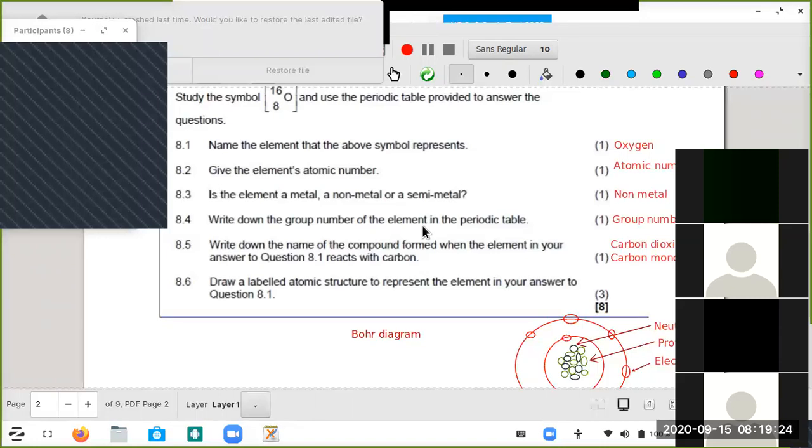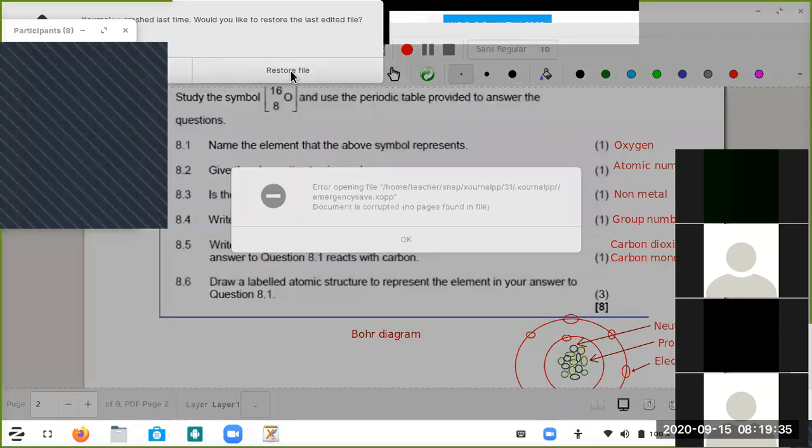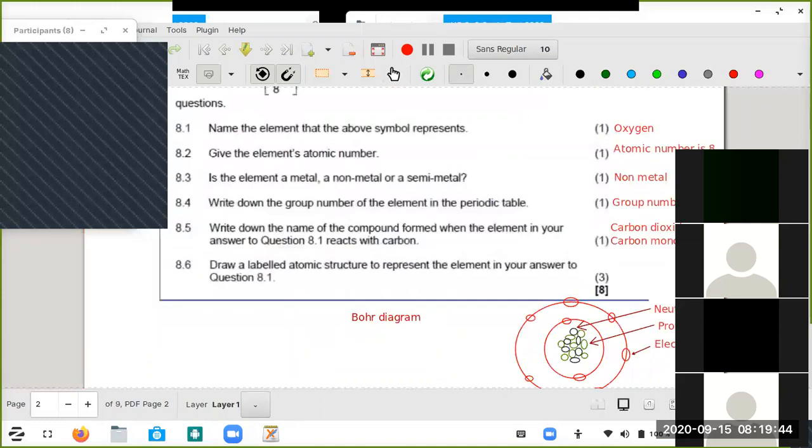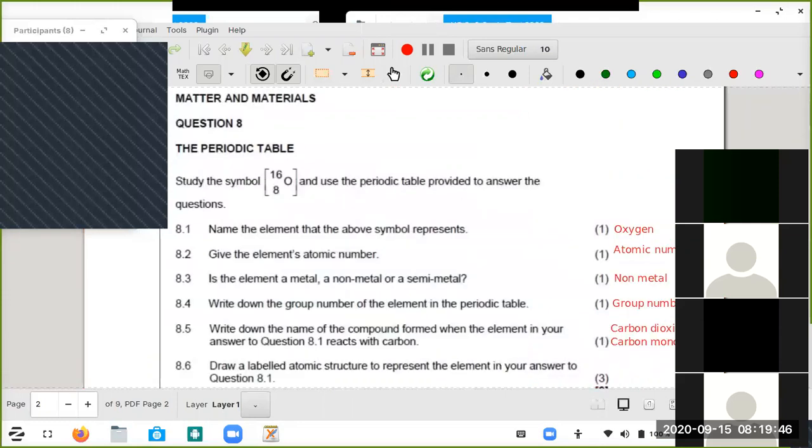Right, so I corrected this point here. All right, so I corrected here to say oxygen is in group 16, not 6, right?